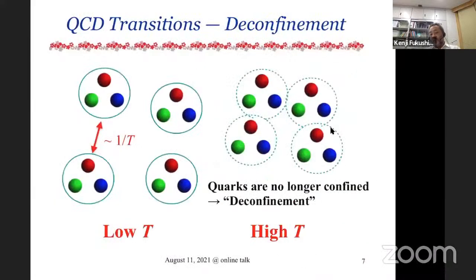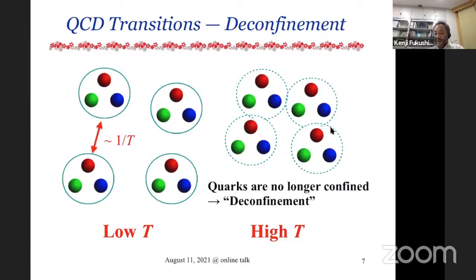Another important aspect of a QCD phase transition is deconfinement. The quarks are confined inside of hadrons, forming some color singlet. But if the inter-hadron distance becomes shorter and shorter, that is characterized by the temperature again.